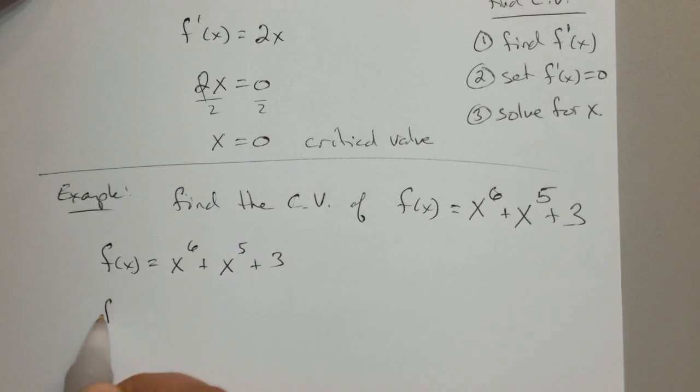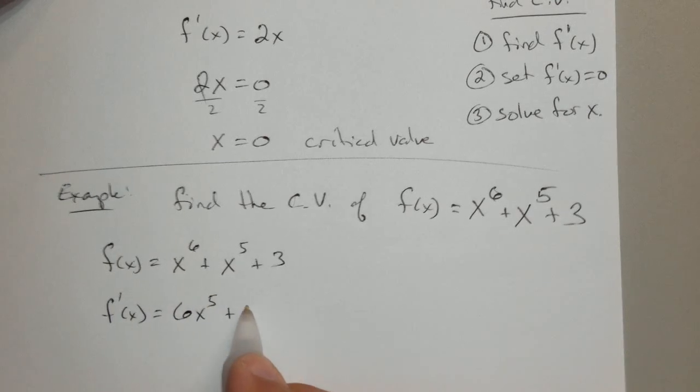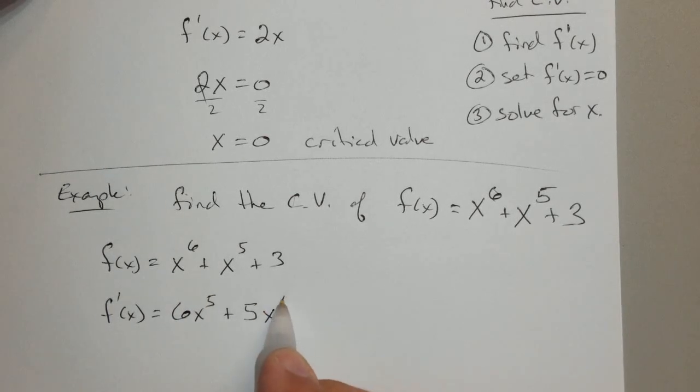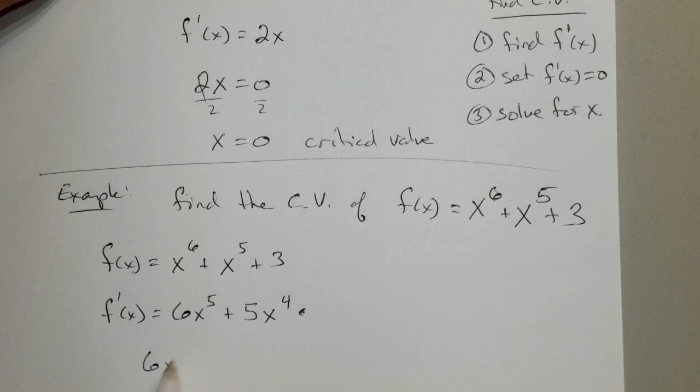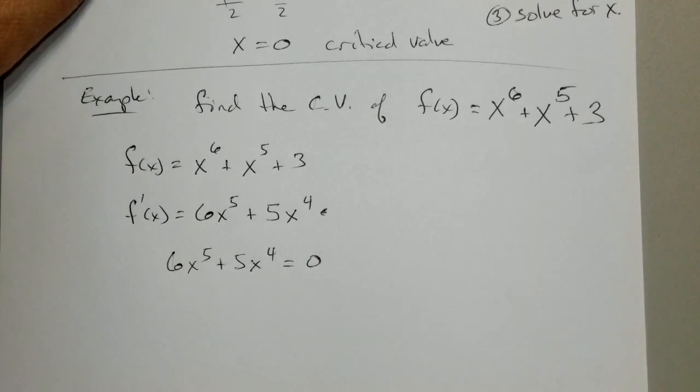So what's the first derivative? 6x^5 plus 5x^4. That's it. Set that equal to 0. How would you solve it?